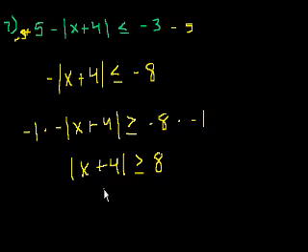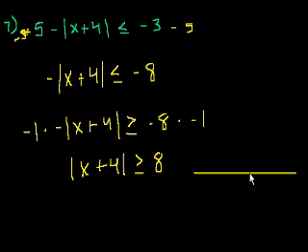This tells us that the magnitude of x plus 4 is greater than or equal to 8. So magnitude, let me draw a number line here because I really want you to get the intuition of what magnitude means. So if that's the number line, you can view the absolute value as the distance from 0, right?